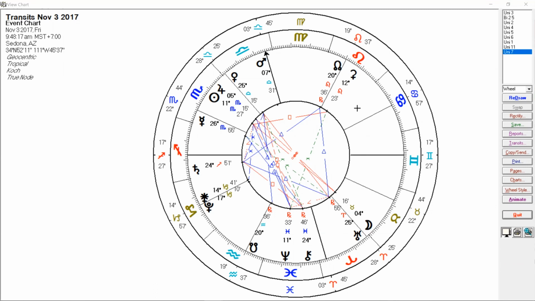So the moon in Taurus, what is it about? Anyone? Moon in Taurus. Getting in touch with our inner self and value.